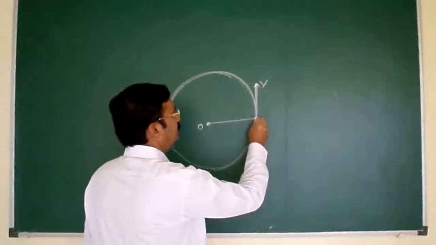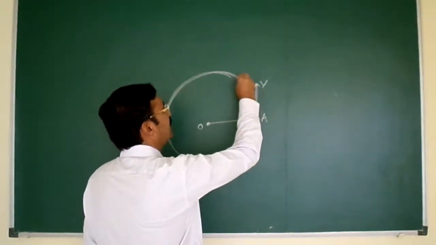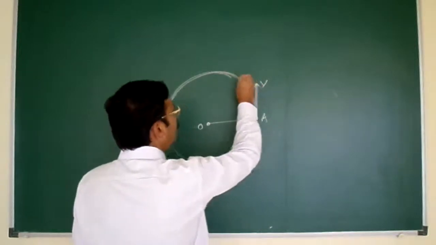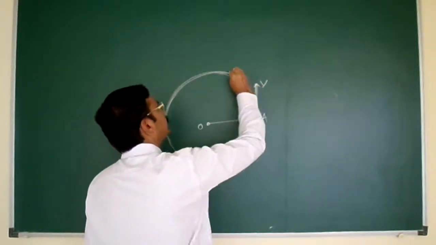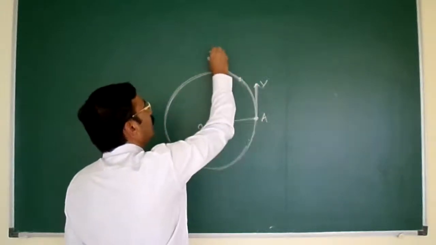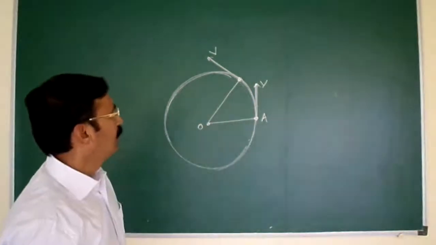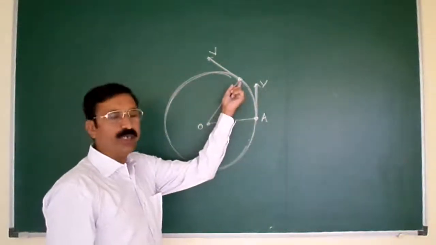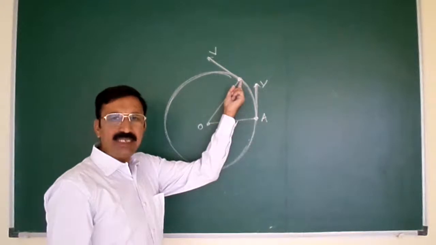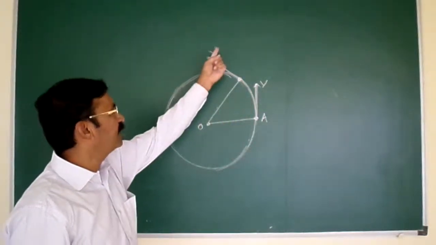After some time, the position of the particle changes and it goes to a new position. At this point, it possesses a linear velocity, and this linear velocity has the magnitude v.